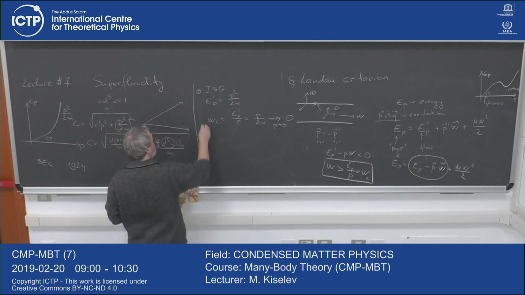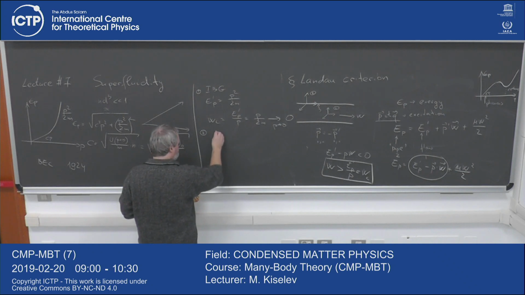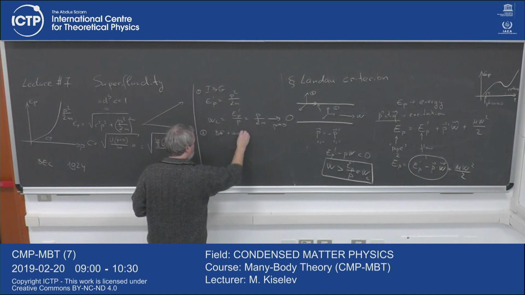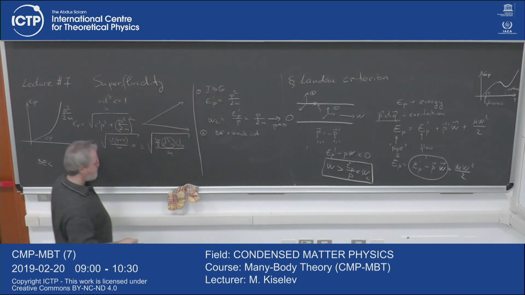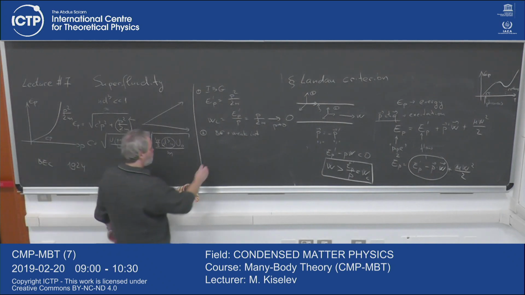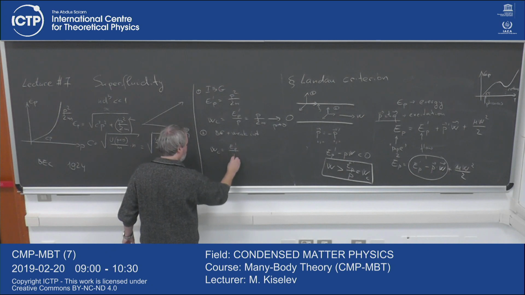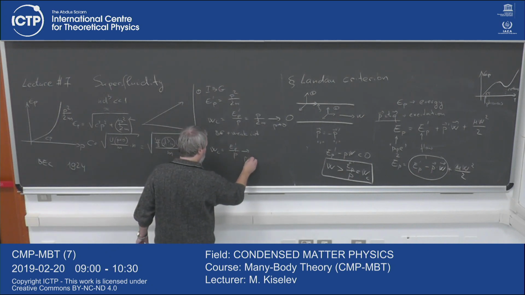Let's consider the second example. Weakly interacting Bose gas. Bose gas plus weak interaction. We have this. So the critical velocity is epsilon prime p divided by p, and we take the limit p goes to 0.